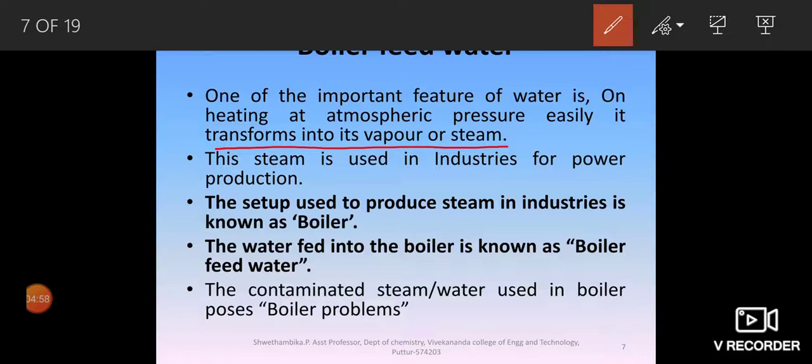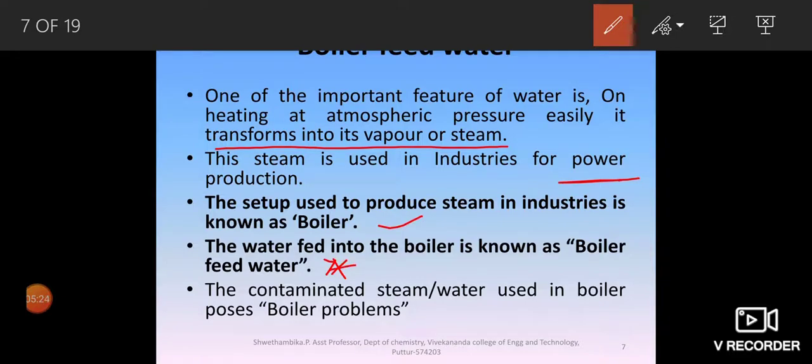So in industries this factor is made use of, and steam is produced, which can later be used for power production. Any setup used in industry for the production of steam we call a boiler, and the water which is fed into the boiler is called boiler feed water.